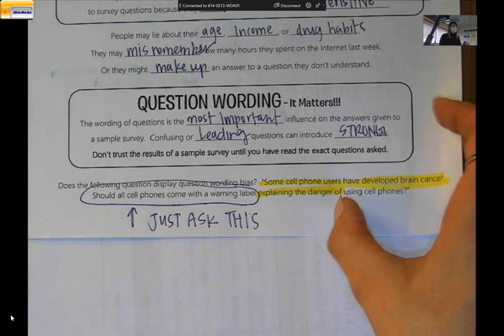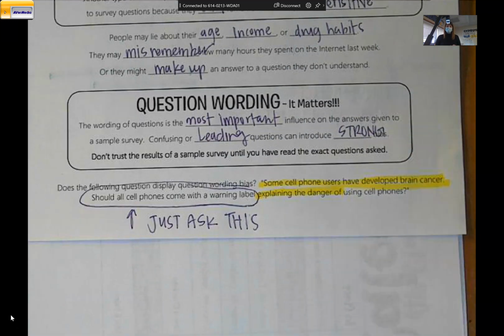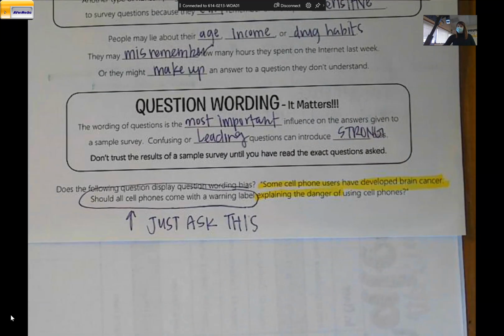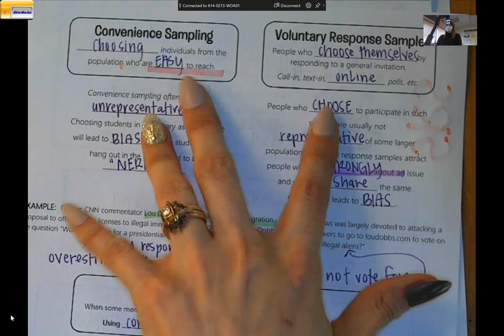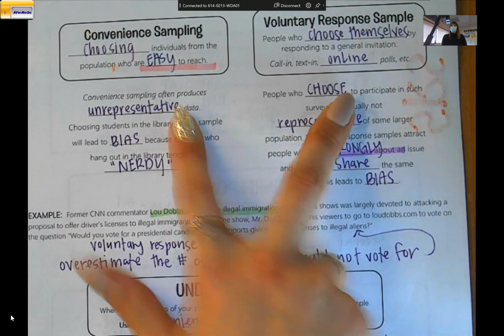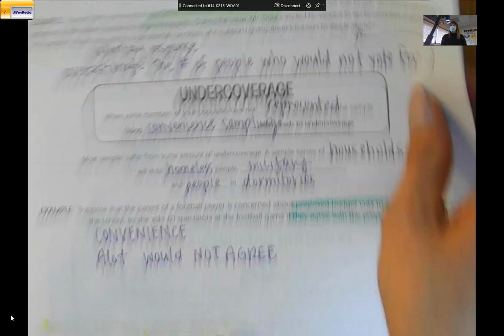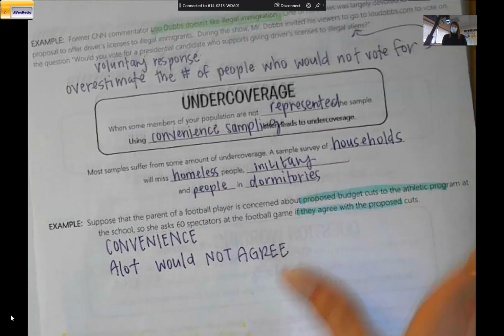We're okay on these? You're sure? Okay, so I'm going to zoom out. This whole page has to do with bias. So, two methods that are bad. These methods are bad. Why? Because we can have bias. So, we talk about undercoverage.